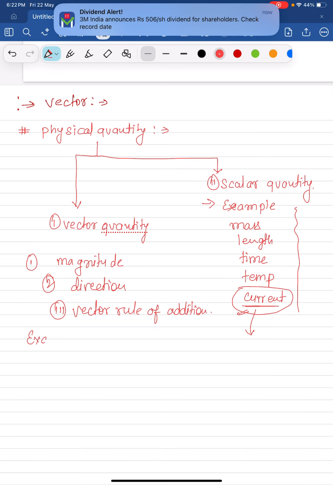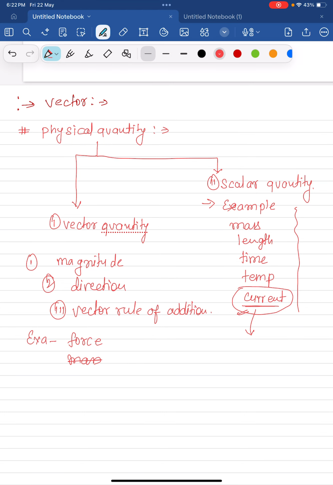Examples are force (mass is a scalar quantity), displacement, acceleration, linear momentum, and many more.